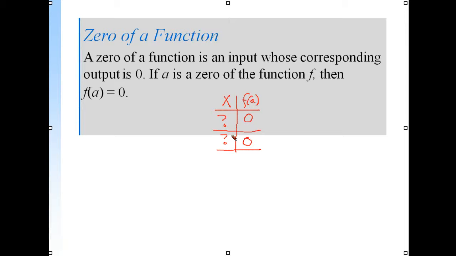Now, when you make your T-charts here, it's a little bit different strategy, because here you know your outcome is going to be 0. And sometimes there's more than one 0. That's why I've put 2 here. Sometimes there's just 1. Often there's 2, and sometimes there may be even 3 zeros.